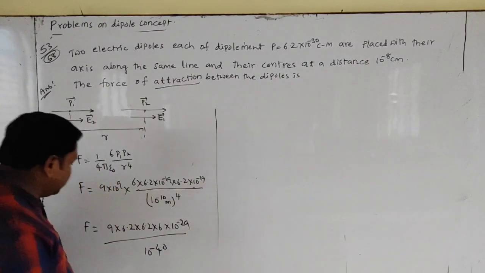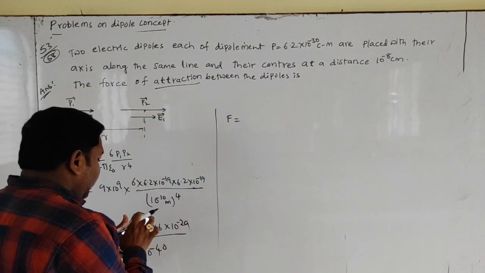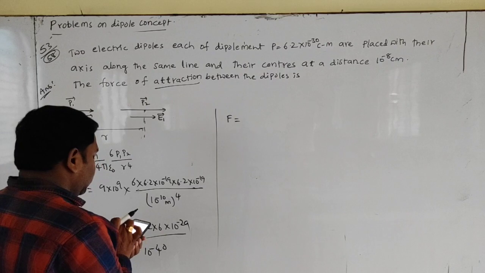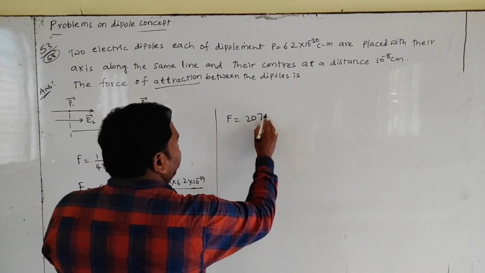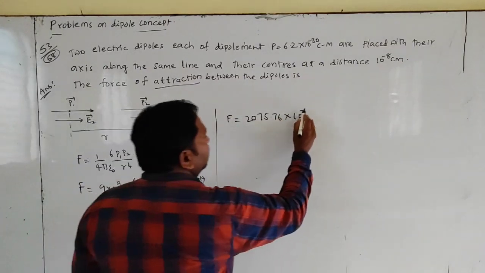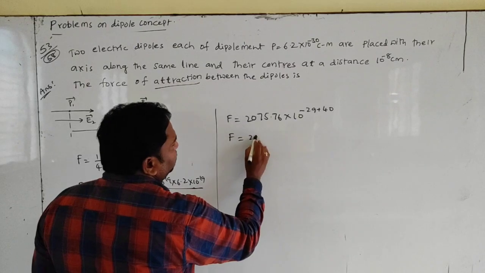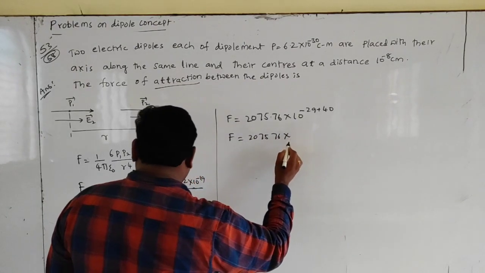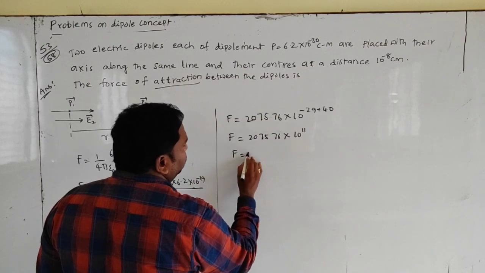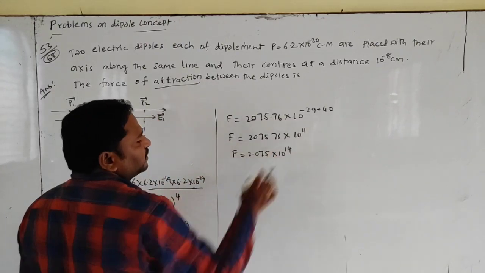So when we work it out, F equal to 9 into 6.2 into 6.2 into 6, so we got 2075.76 into 10 power minus 29 plus 40, that is 11. So F equals 2075 into 10 power 11, which is 2.075 into 10 power 14.